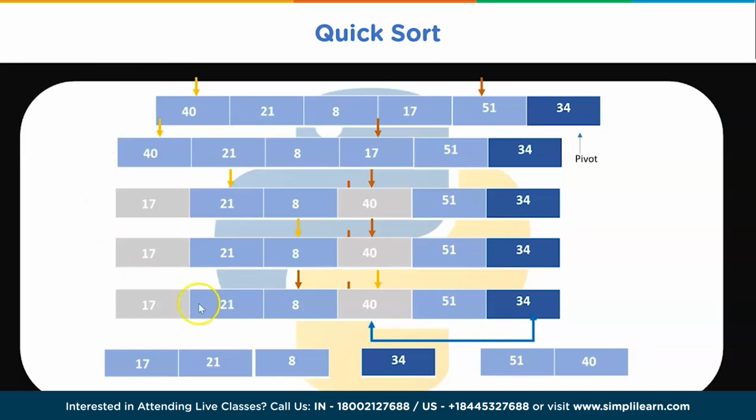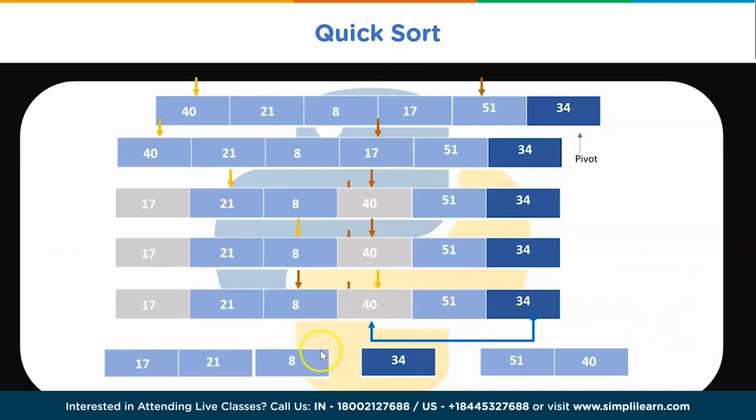Now with this whole exercise, 34 has found its correct position in this entire array, and if you monitor, all the elements on the left hand side of 34 are smaller than 34 and all the elements on the right hand side are greater than 34, and this is what we wanted to achieve.